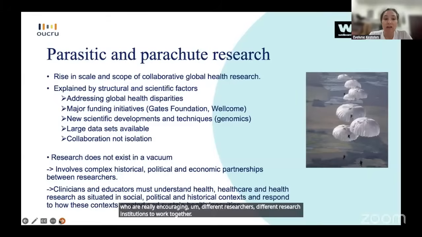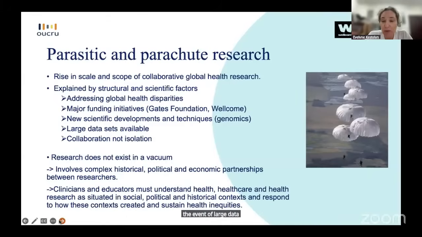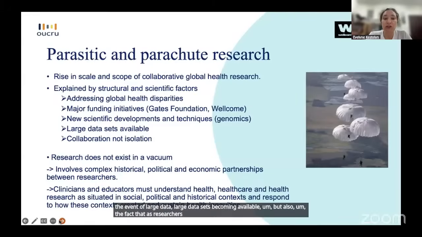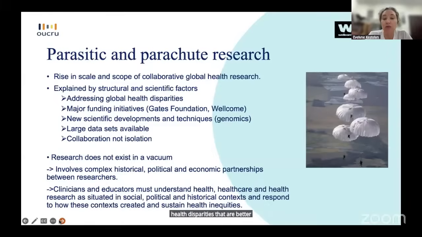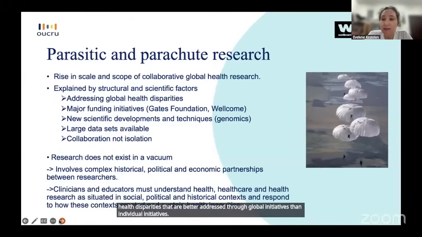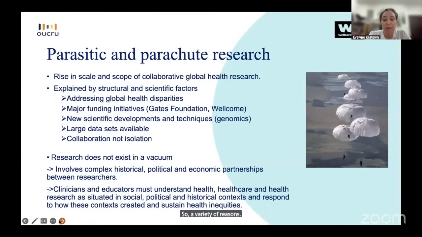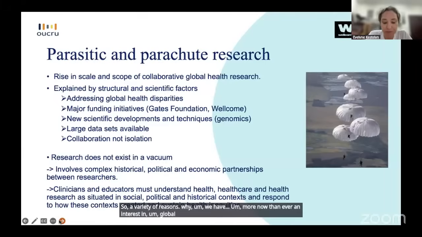The advent of large data sets becoming available, but also the fact that as researchers, we are addressing health disparities that are better addressed through global initiatives than individual initiatives. So a variety of reasons why we have more now than ever an interest in global health research.